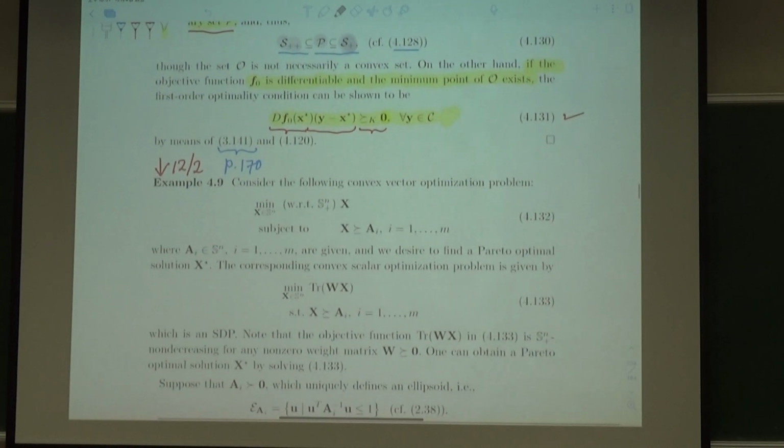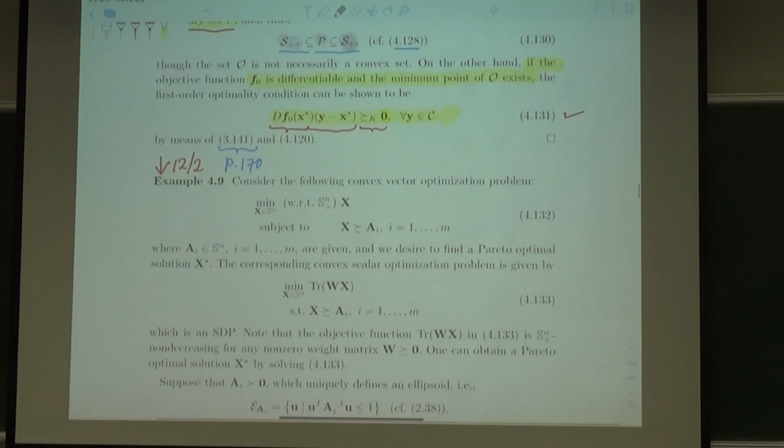Now we're starting from here. That's the example. Suppose we want to solve this problem. The objective function is a matrix, subject to these constraints. Here is also a generalized inequality.